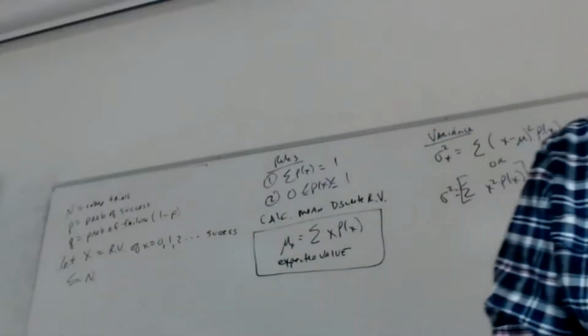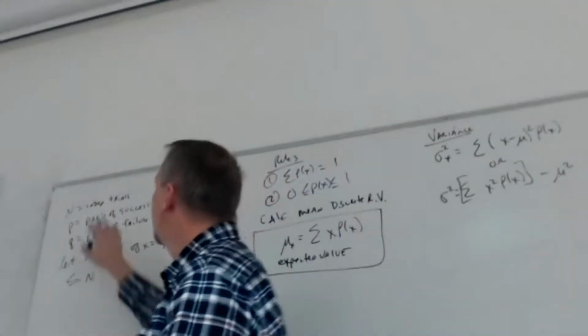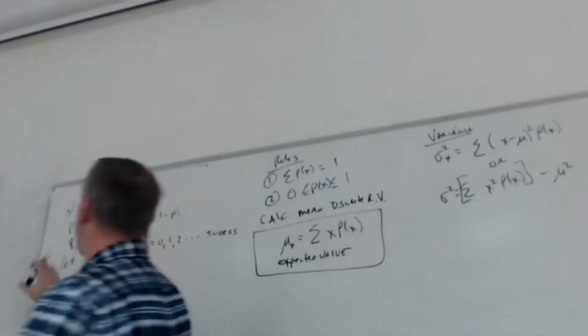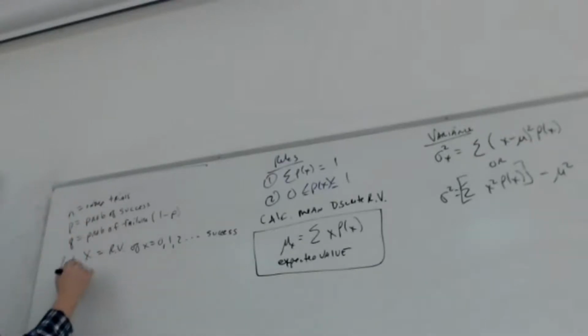Okay? All right. What is n again? Sorry. N is your number of independent trials. I guess I should use this as lowercase n. Lowercase on both of those.